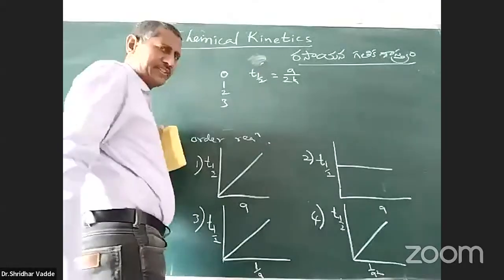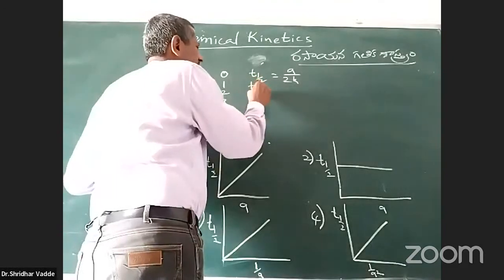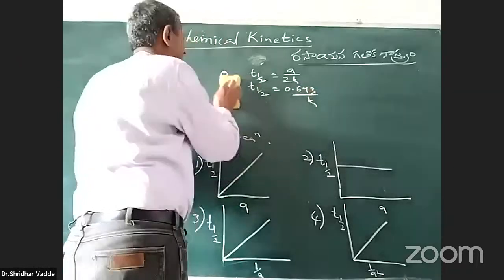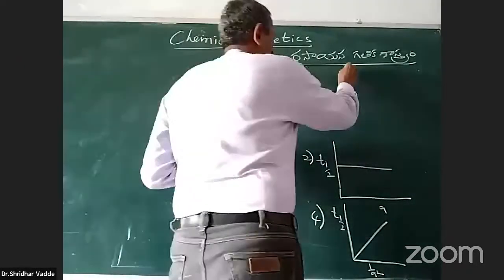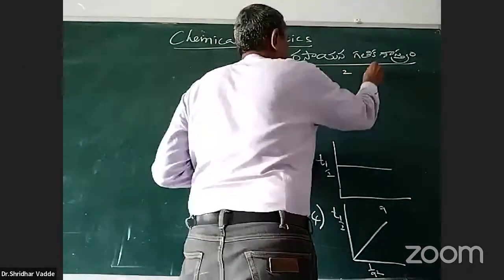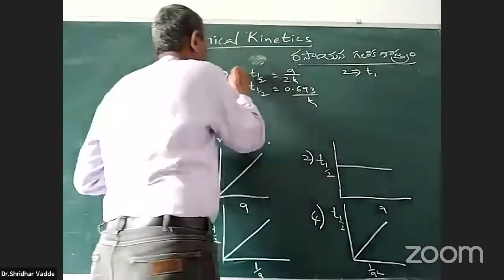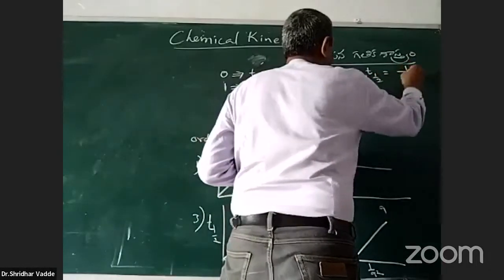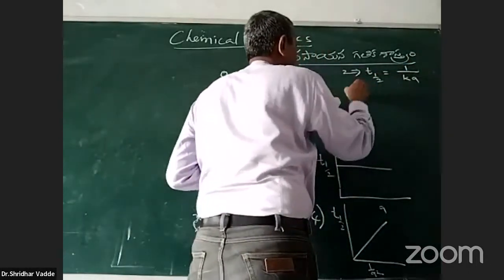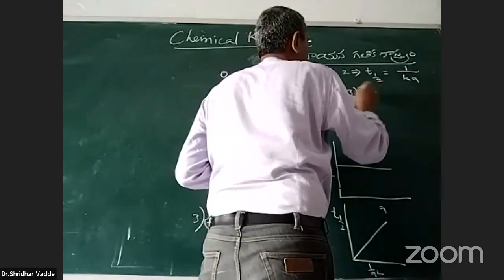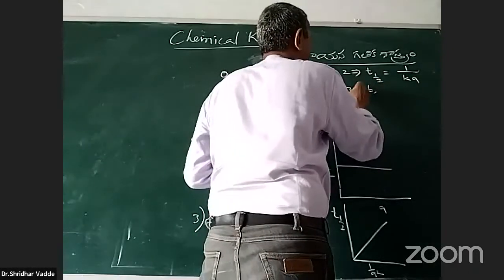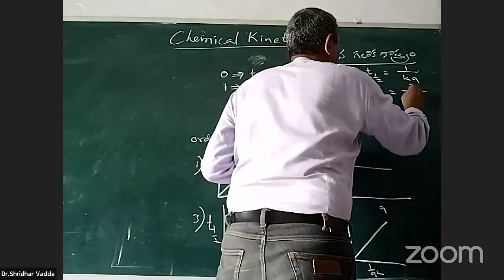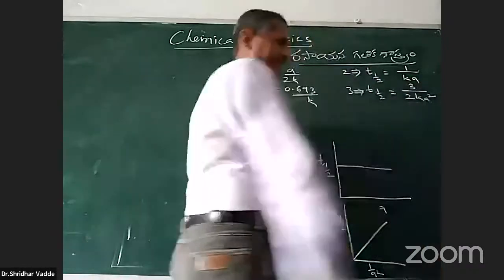For first order reaction, t half is equal to 0.69 by K. For second order reaction, t half is equal to 1 by K A. Third order reaction, t half is equal to 3 by 2 K A square.